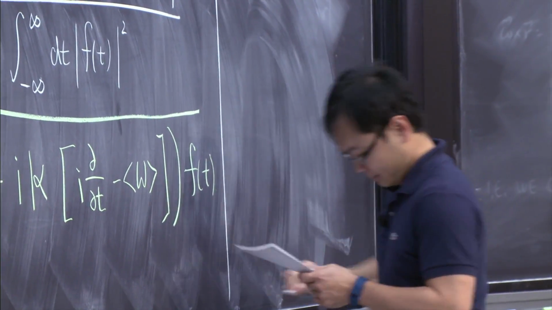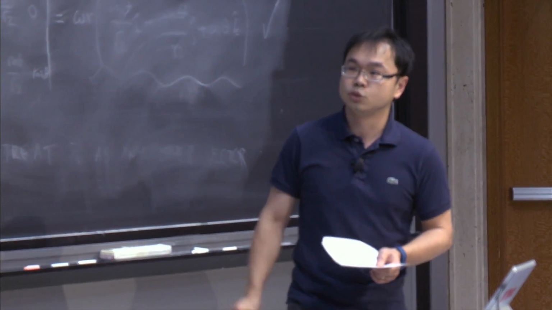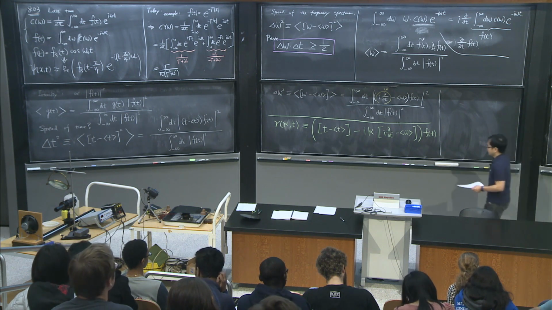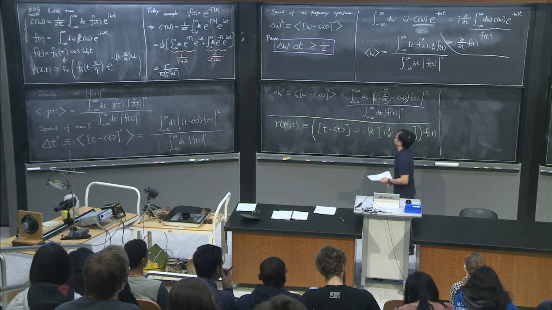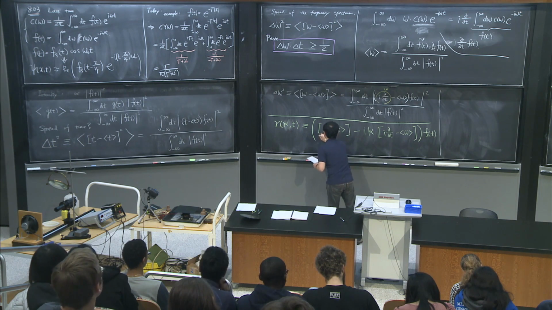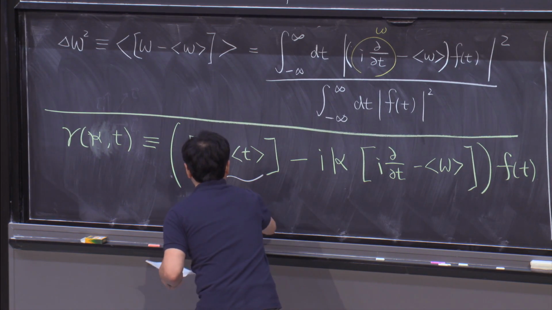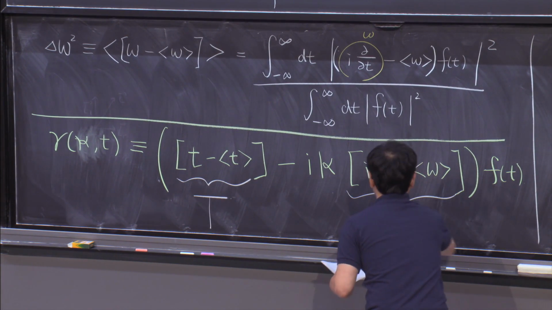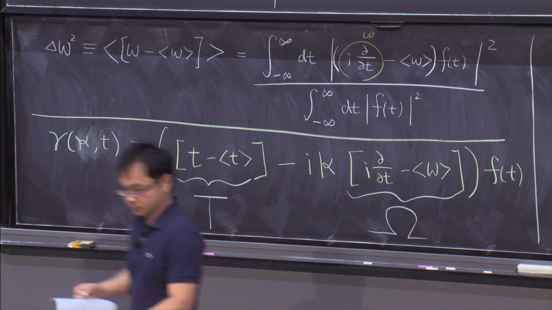It's a test. Okay. So what I'm going to do is to employ this r as a function of kappa and t, okay, and for our purpose to show that delta omega times delta t is greater than or equal to 1 over 2. And first, to make my life easier, I will define this to be capital T, and I will define this thing to be capital omega. Okay, so that my mathematical expression doesn't explode.